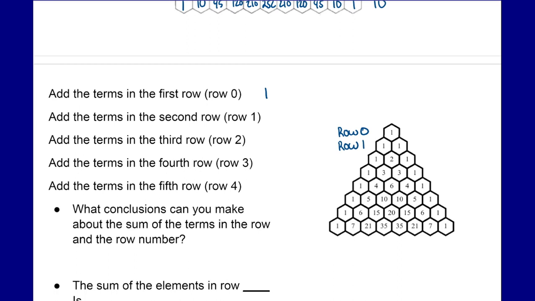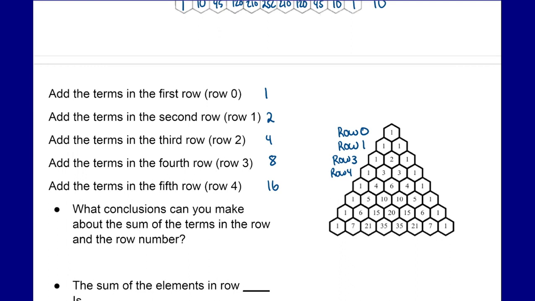What about row 1, the next one? Well, the sum is 2. And the third one, 1 plus 2 plus 1 is 4. The fourth one, 1, 3, 3, 1 is a sum of 8. And then the next one is a sum of 16.